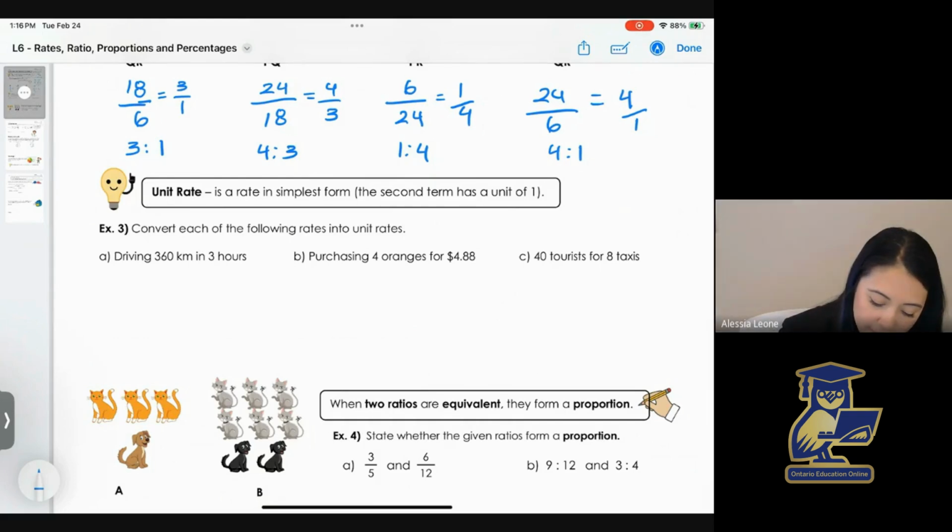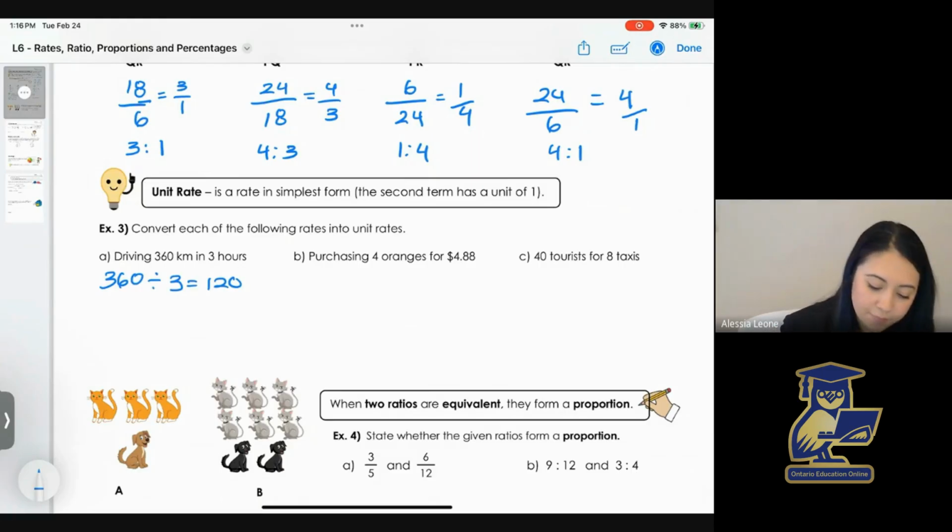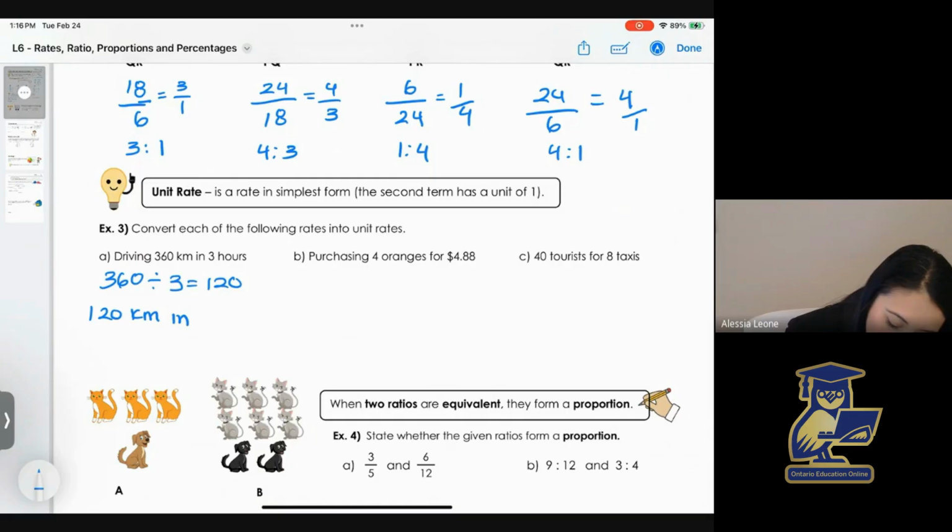How do we do that? We go 360 divided by 3 is 120. Now we know in 1 hour, we did 120 kilometers of driving. So we can write that in like this.